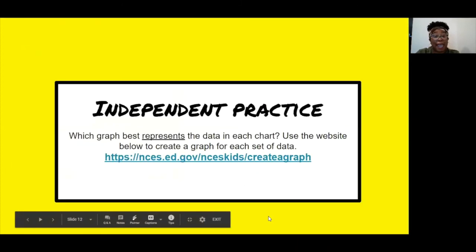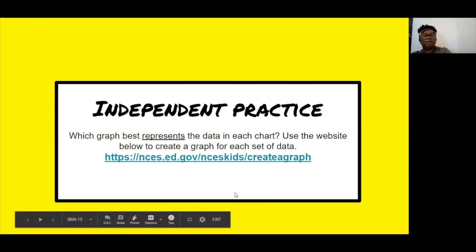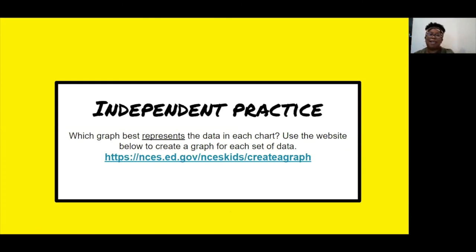And so now to end this, you have another task, but this one is a little more exciting. So which graph best represents the data in each chart? I'm going to show you two charts. This is kind of like your homework. And once you complete this, we'll start tomorrow's lesson by reviewing these two charts or these two graphs.